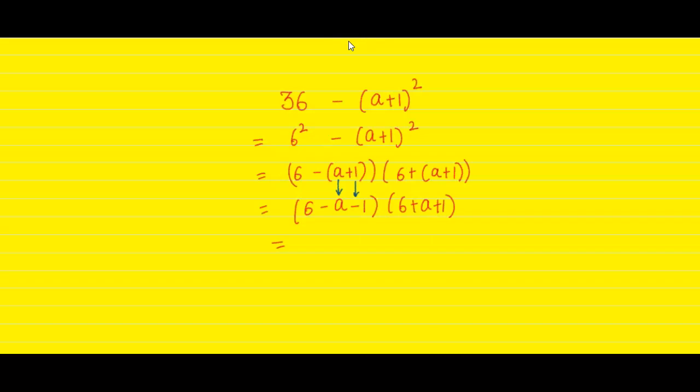Now let's do some simplification. So we get 5 minus a and we get 7 plus a. So these are the two factors of this expression, and if you multiply them back, you will get the same expression. Okay, let's take more.